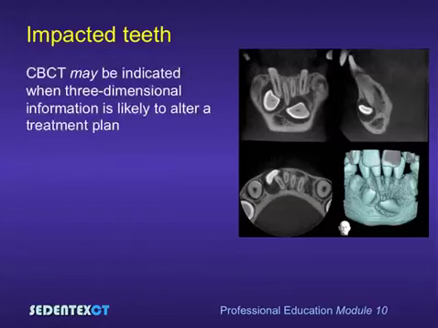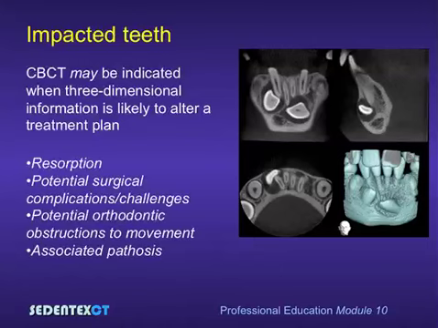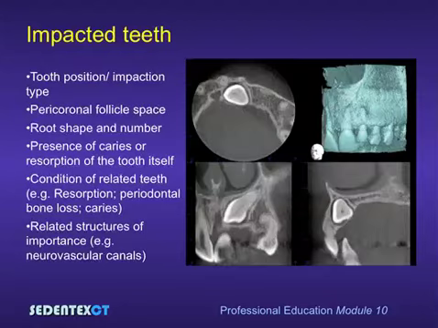CBCT may be indicated when three-dimensional information is likely to alter a treatment plan. This may be because of things like resorption, potential surgical complications and challenges, potential orthodontic obstructions to movement, or associated disease.